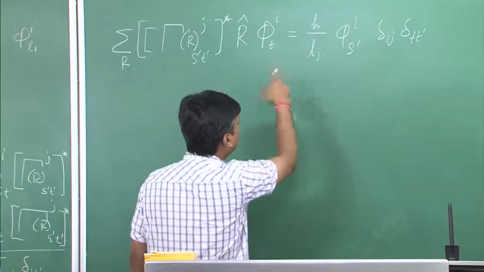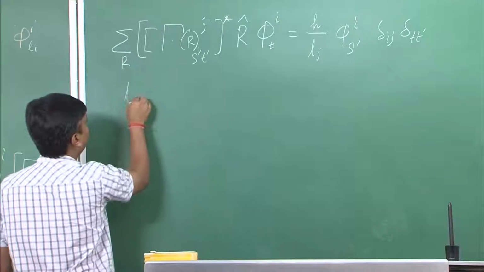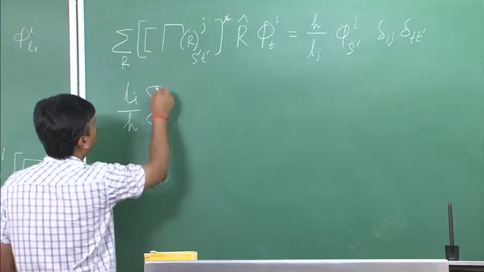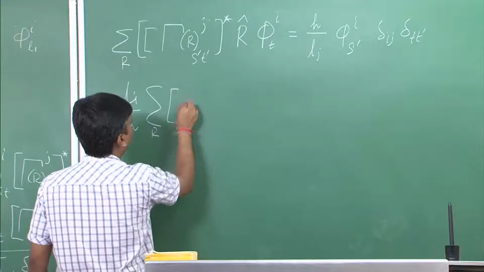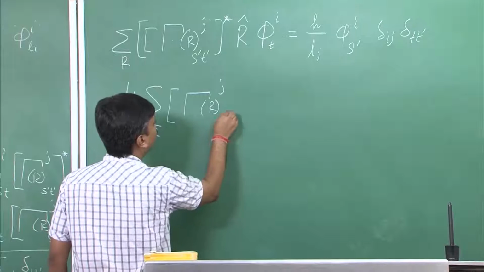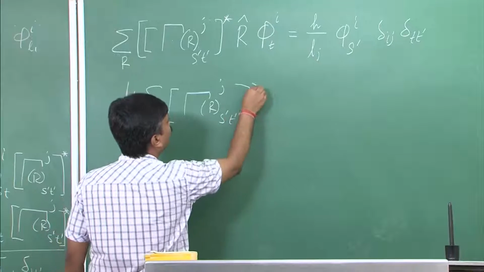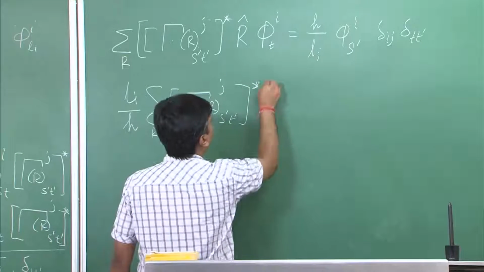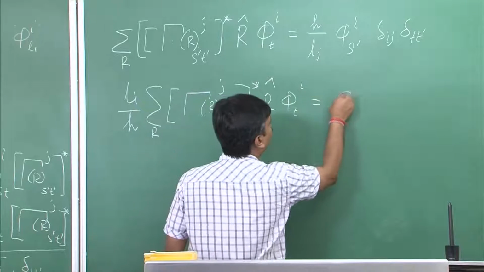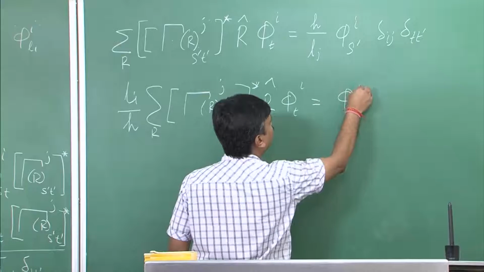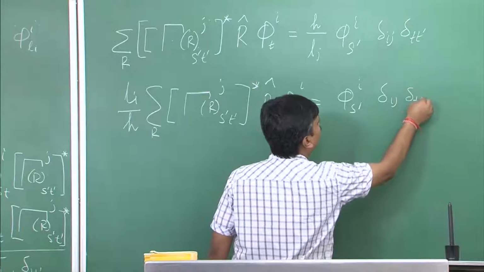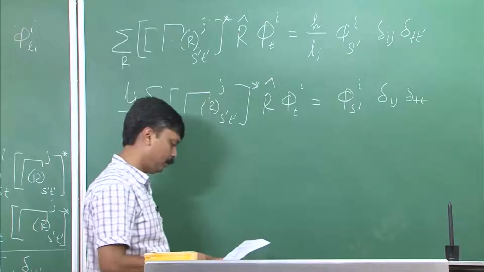Now by rearranging, I can have Li by h, phi of s prime, delta ij delta tt prime. All right.